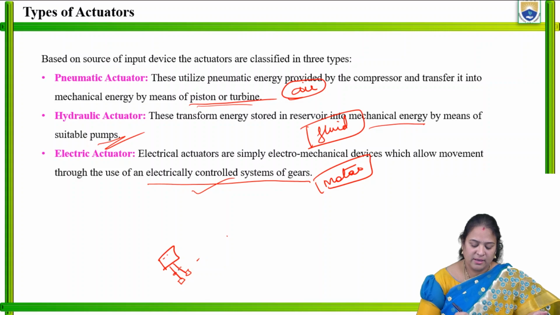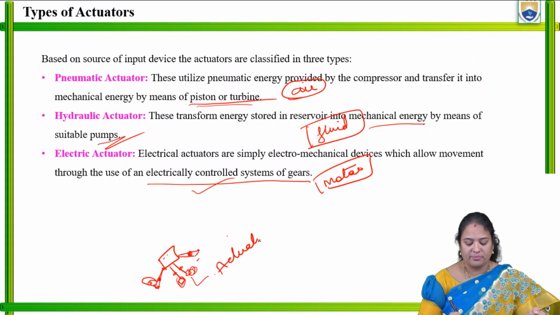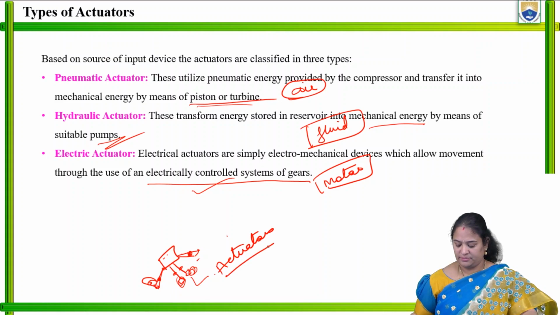So here at the leg joints and here at the hand joints, the actuators will be placed so that the hand of the robot will do one action, and the legs of the robot will be doing another action, right? So these actions will be carried out with the help of the actuators, right?